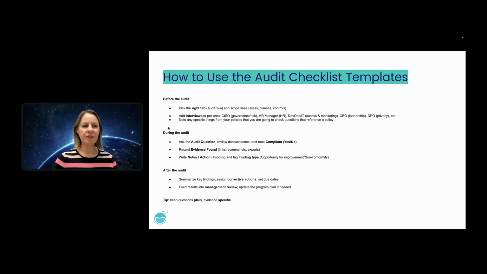Then during the audit, you ask each question one at a time, and you look at the evidence and you note whether it's compliant or not, put your notes, and what finding types you may find. After the audit, you summarize key findings and corrective actions, and you set due dates. And this summary is what you feed into the management review.